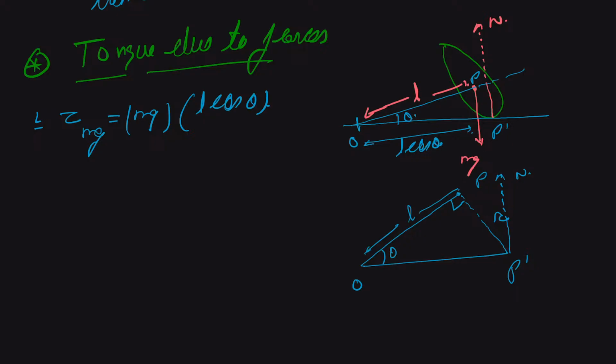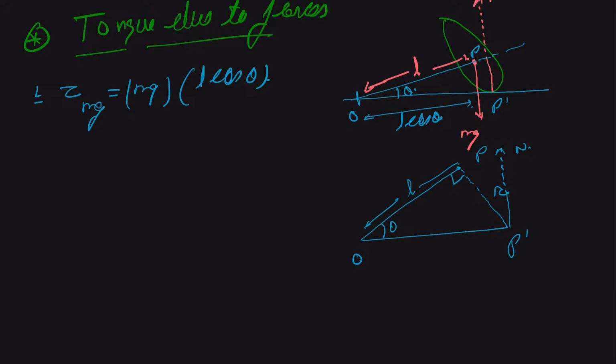Therefore, for the normal, this perpendicular distance will be equal to L upon cos of theta, and this is our radius. Therefore, the torque due to the normal will be equal to our force normal and the lever arm, that is L cos of theta.